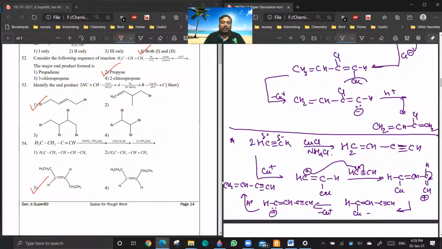This is vinyl acetylene. I have told that this hydrogen is now replaced by a vinyl group. Is it clear? Yes or no? Yes, sir. Can you do the other steps or do I have to do that also? We'll do it, sir. You can do it? Okay. 53 is done.